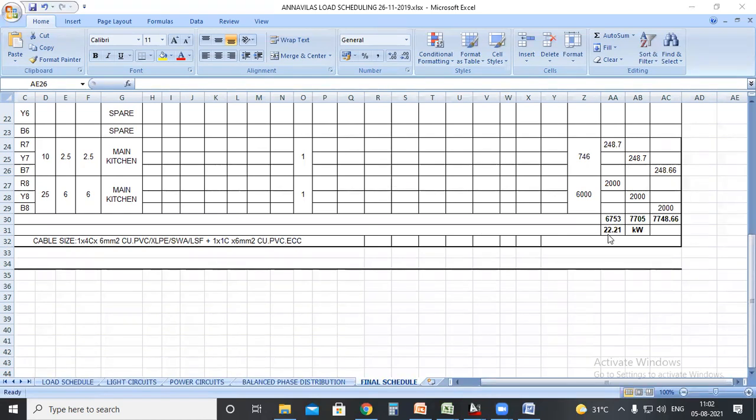So to calculate the maximum demand, you multiply the 22.2 with the 0.8 value. So you'll get something around 20 or so. 22.2 into 0.8 means it is coming around 17.76. 17.76 kW is the maximum demand.